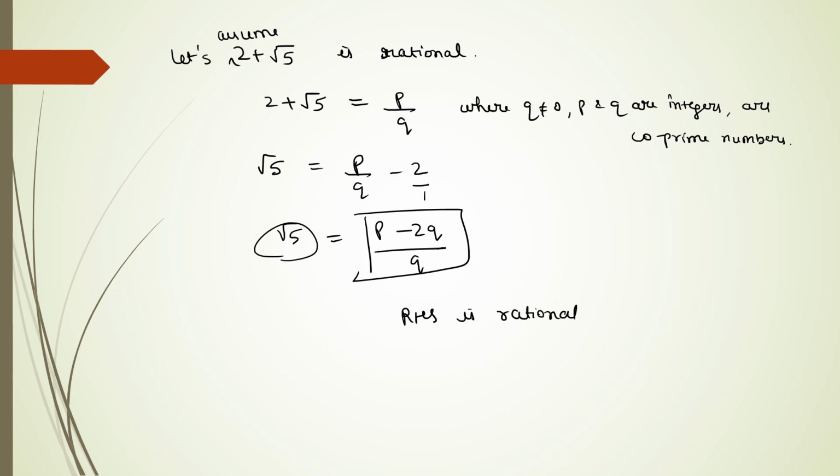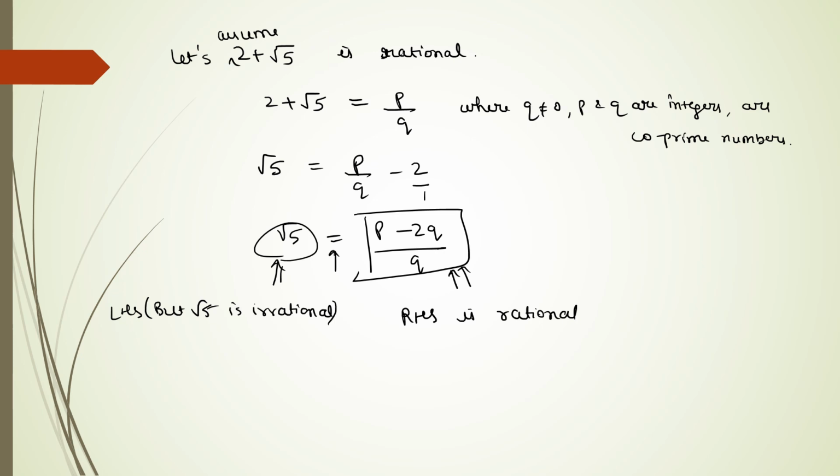whereas on the left hand side, we just proved that root 5 is irrational. Can you have such values where one equal thing is not equal to the other? So it is irrational, this form is rational, and both of them are equal?